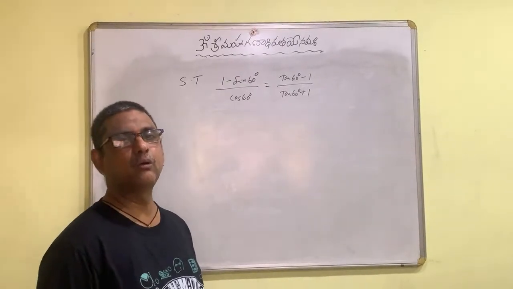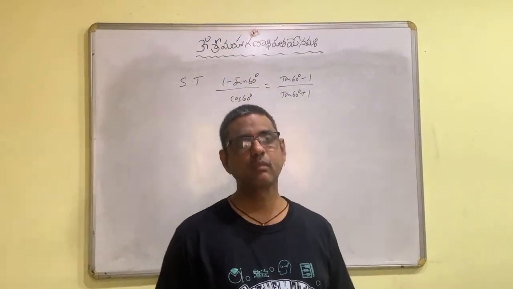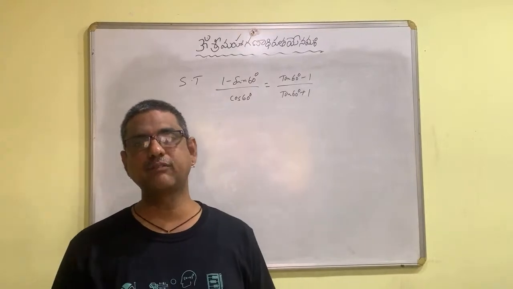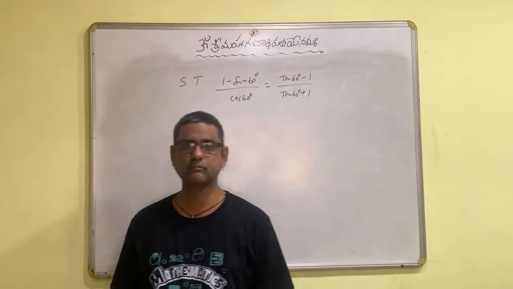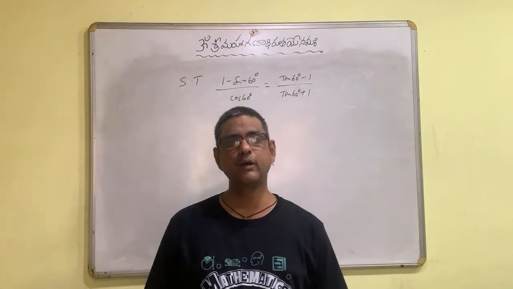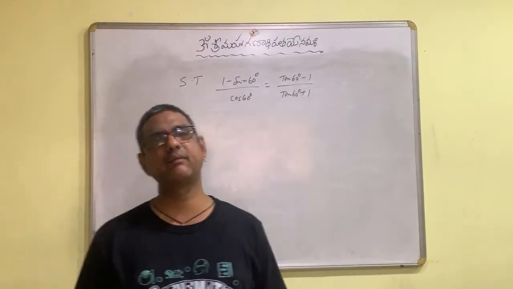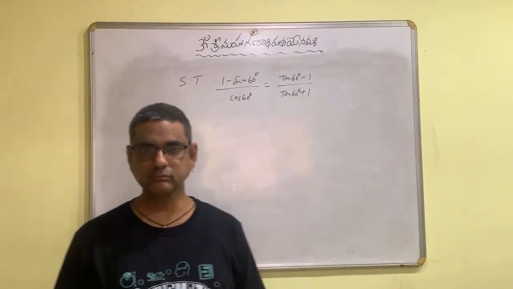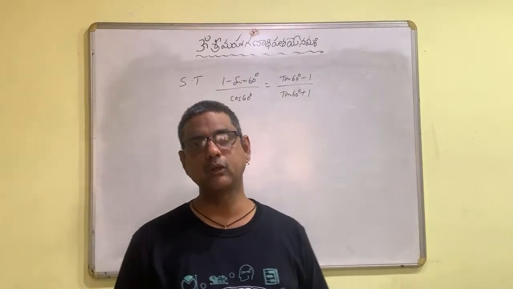First of all, we need to recall the values of trigonometric ratios at 0 degrees, 30, 45, 60, 90.